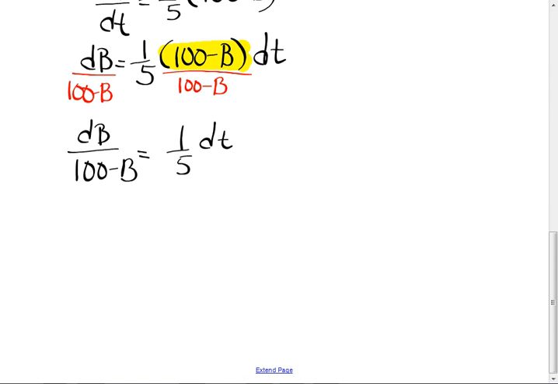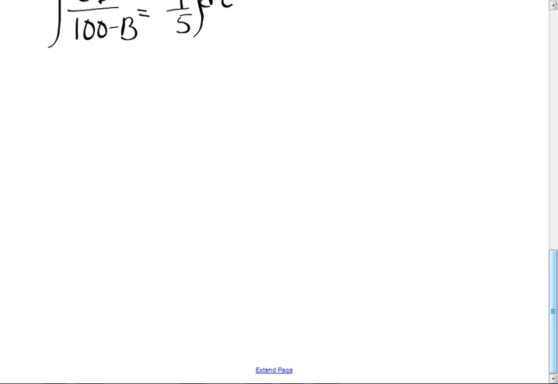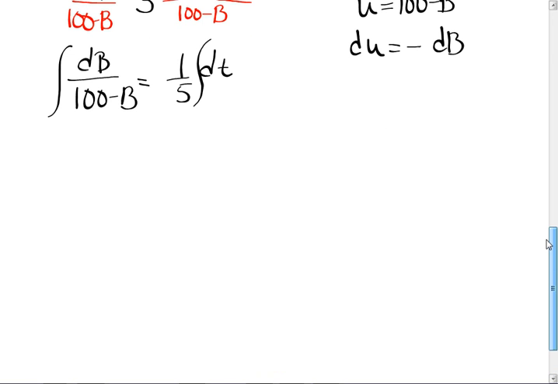And then you integrate both sides. Now, would you like to see a U substitution so you see why this is going to be negative? So U is equal to 100 minus B, so du is equal to minus dB. Most people miss the negative sign.